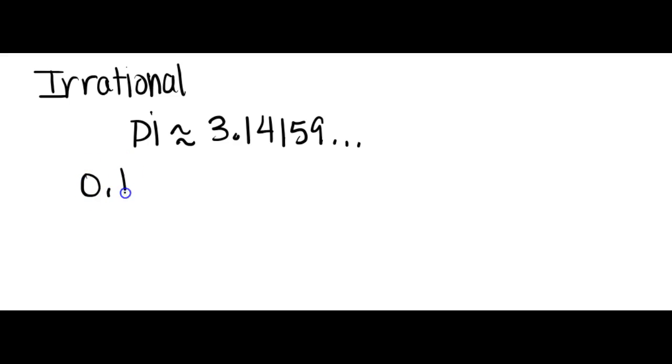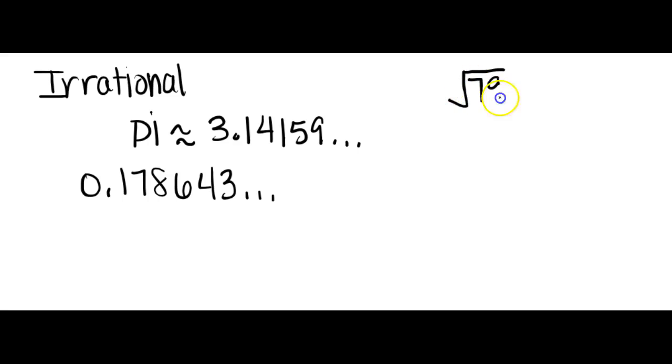So pi is irrational, and I can only remember some of the places: 3.14159, dot, dot, dot. It does not repeat, it does not end. So if I have 0.178643, dot, dot, dot, it will not repeat and it will not end.